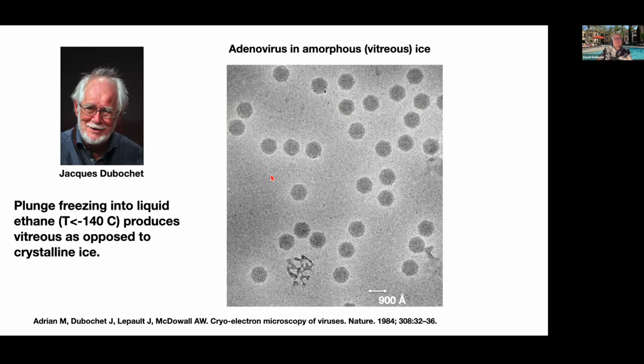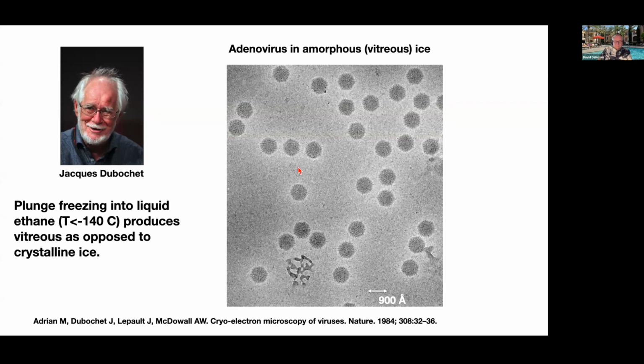When this picture appeared in Nature, everyone immediately took up the use of vitreous ice. About the same time this picture came out, there was also an article by Nigel Unwin on his acetylcholine receptor. Anyway, now we had a way to embed particles.